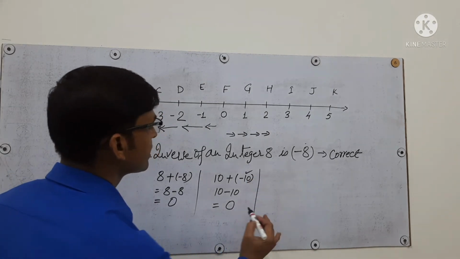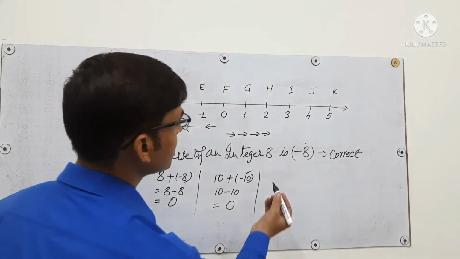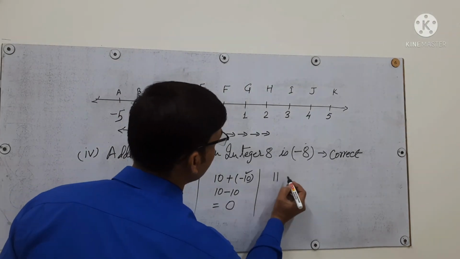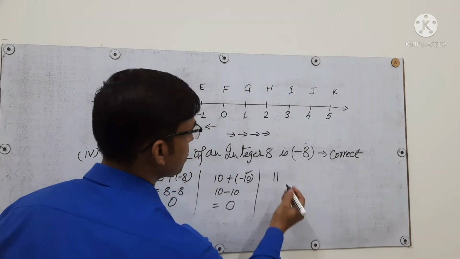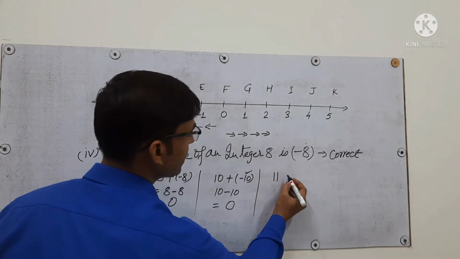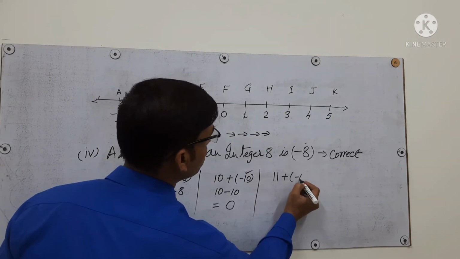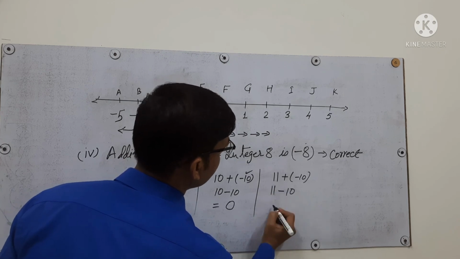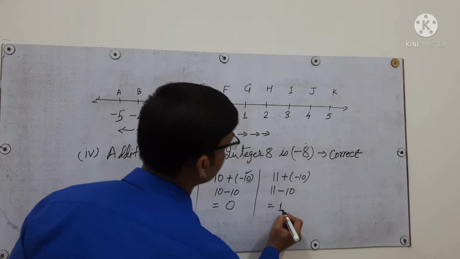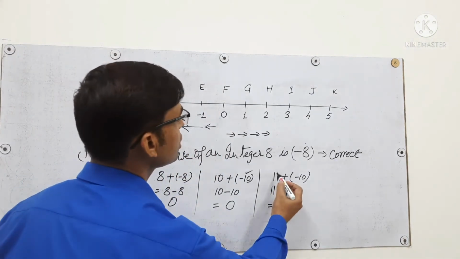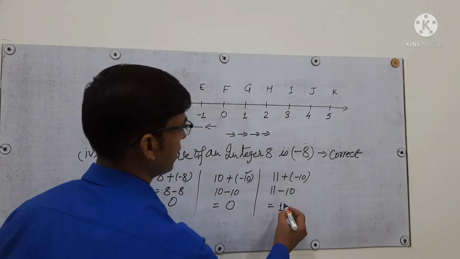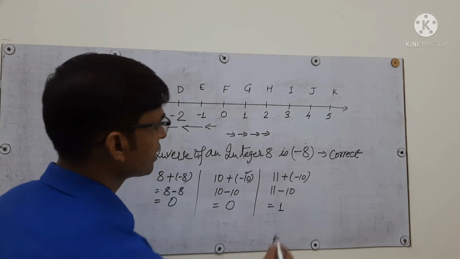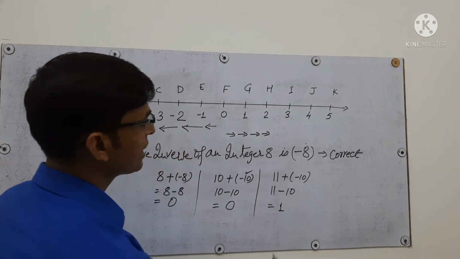Now we will try some other situation. Let's take another integer as 11 and now take its inverse as, suppose, minus 10. So we will add both, 11 and minus 10. Now see what the answer will be, and its answer will be 1. It means that the inverse of 11 is not minus 10, and from here we can find the resultant is not 0, it is 1.